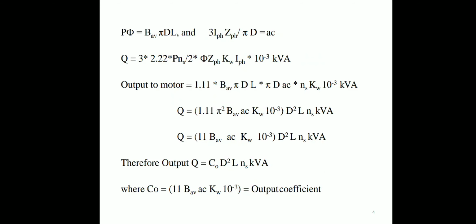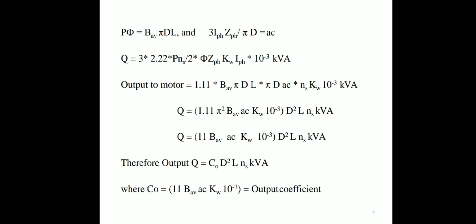P phi is equal to BAV pi D L, and 3 IPH ZPH upon pi D is equal to AC. Q is equal to 3 into 2.22 into P NS upon 2 into phi ZPH kW IPH into 10 raised to power minus 3 kVA.